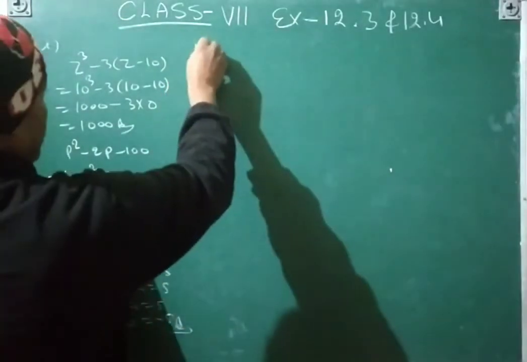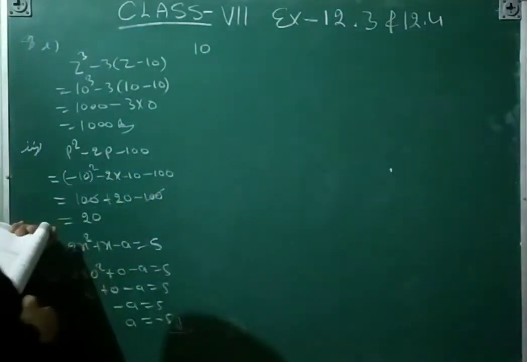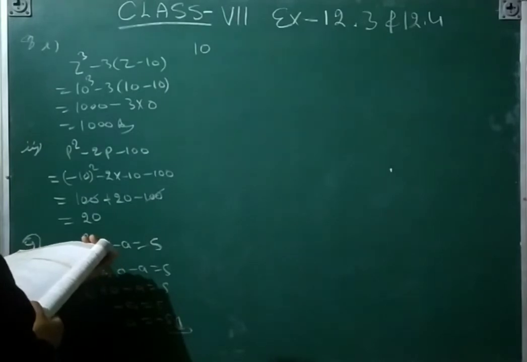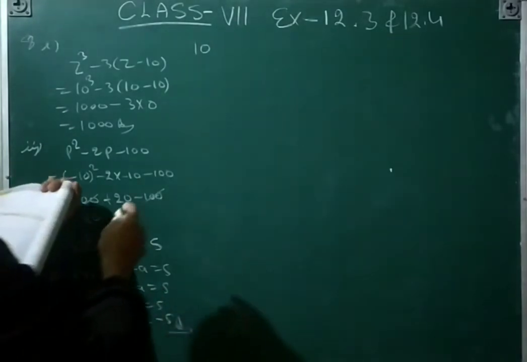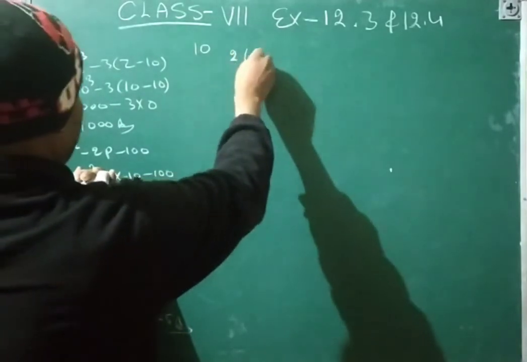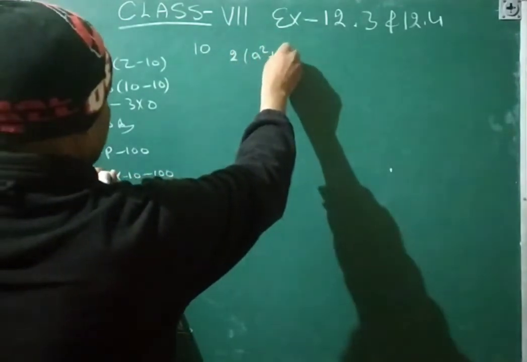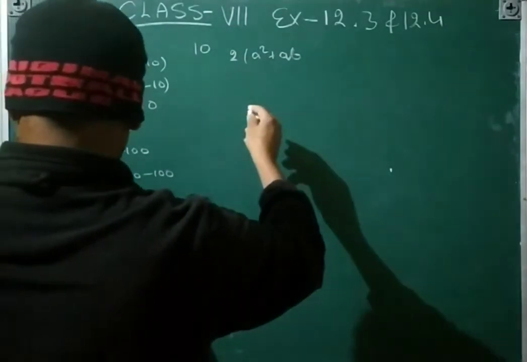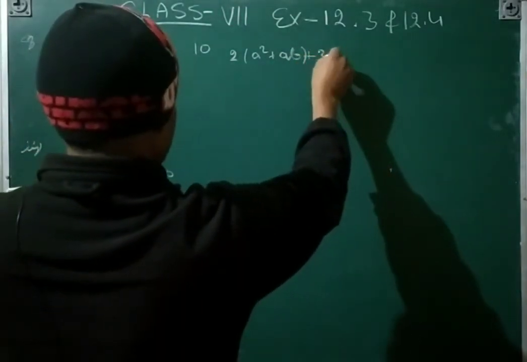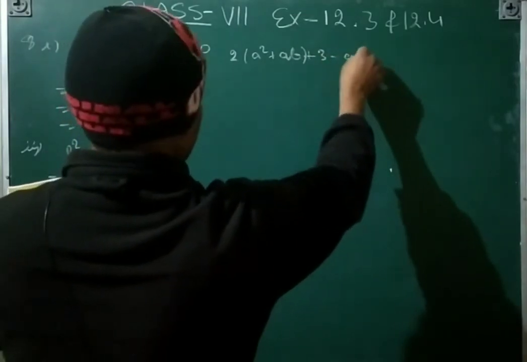And then the 10th question. Simplify the expression, find the value. Simplify the first one. This is 2 bracket a square plus ab, plus 3 minus ab.